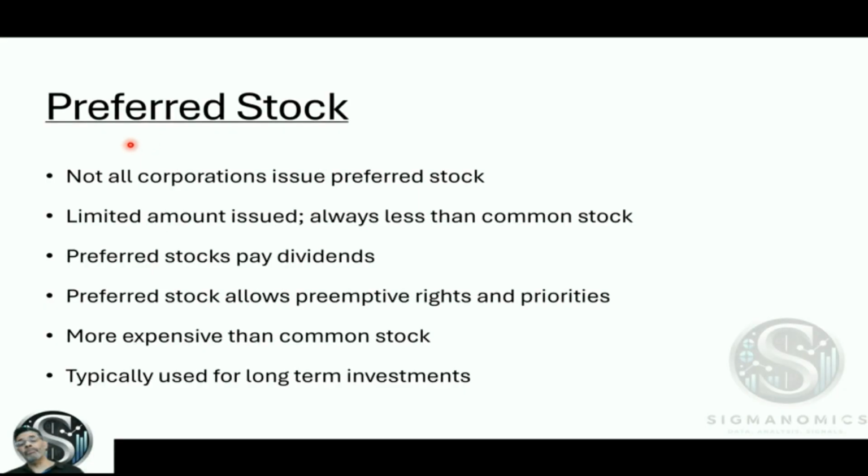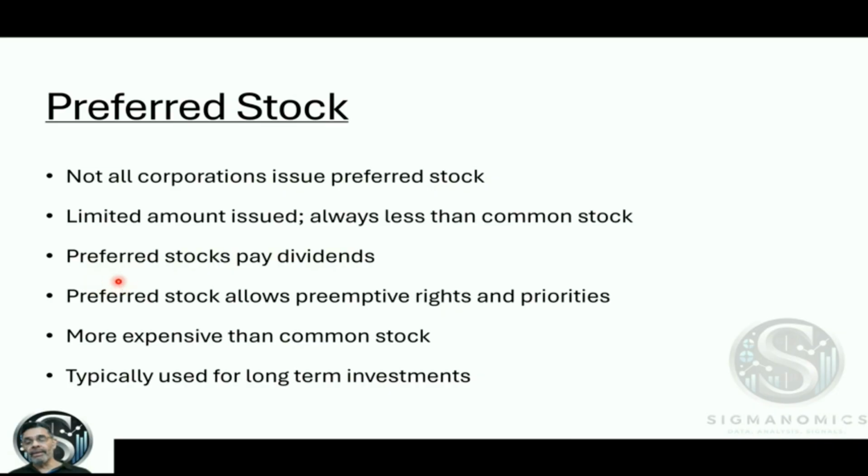So next we'll talk about preferred stocks. The first thing to know about preferred stocks is that not all corporations issue preferred stock, and those that do so on a limited basis. Preferred stock will always be less than the amount of common stock that a corporation has outstanding. The biggest difference between preferred stocks and common stocks is that preferred stocks pay dividends.